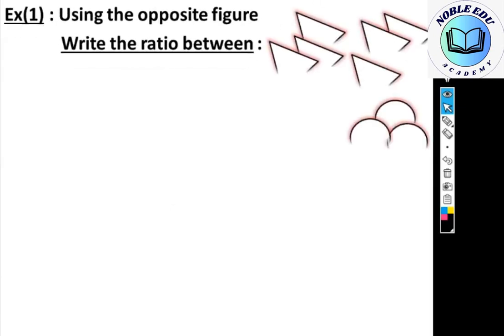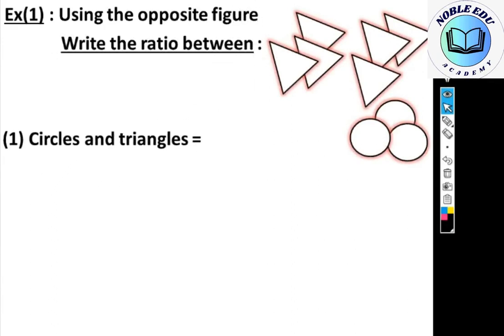Another one. I have here triangles and circles. How many triangles are here? I have 6 triangles and only 3 circles. Which is first? The first is circles, so write circles 3 up, and which is next here? The number of triangles, 6.